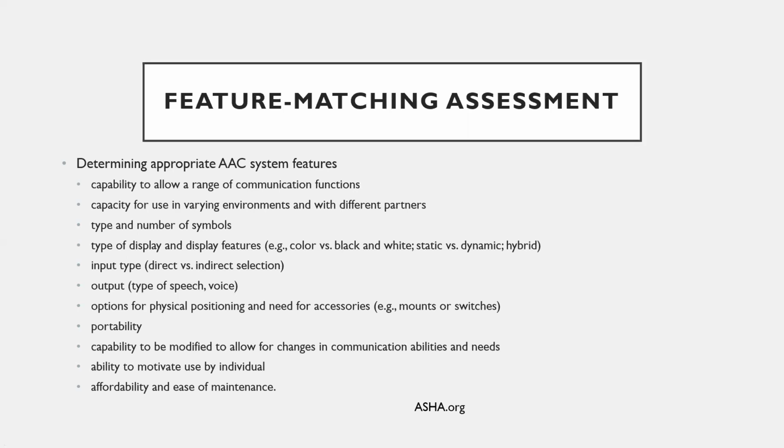Now, next, the capacity for use in varying environments and with different partners. So if somebody is using an unaided or a low-tech strategy, but they're not able to bring this out into a noisier environment, or utilize their current strategy over the phone, again, we want to feature match there.